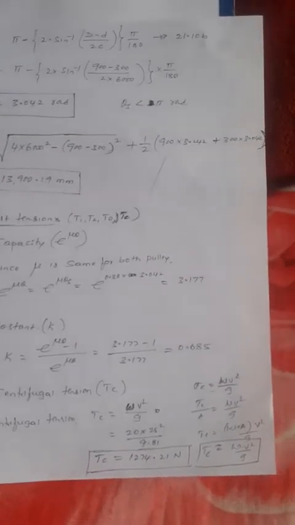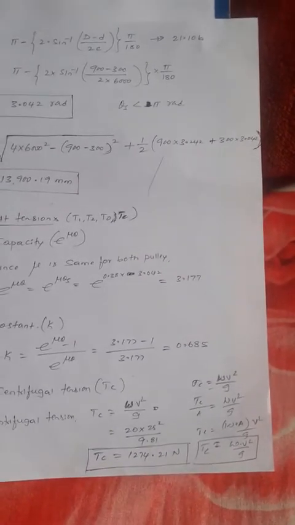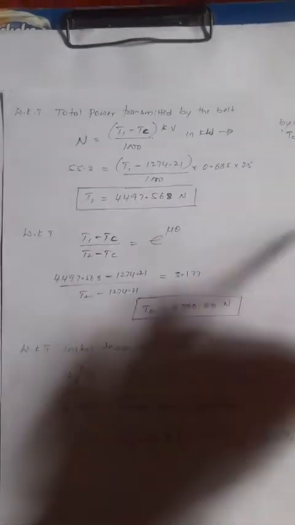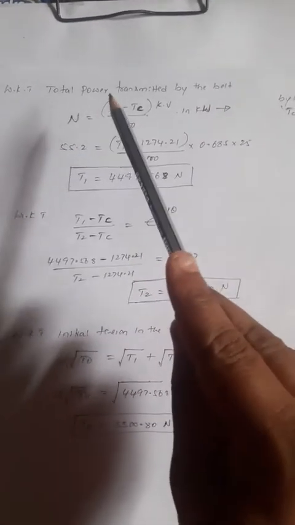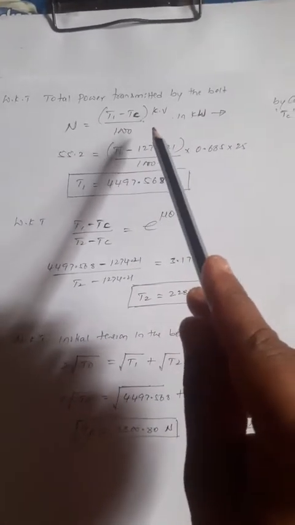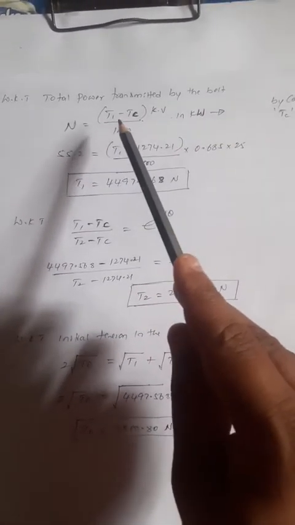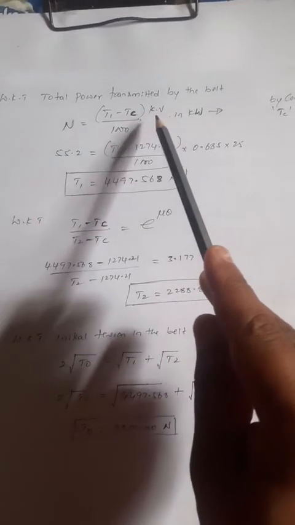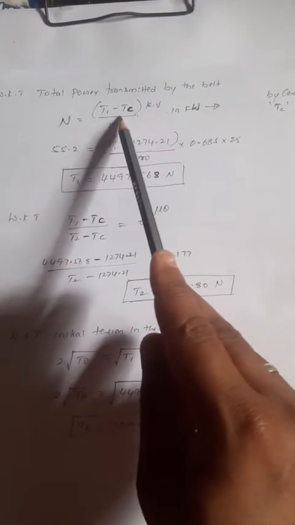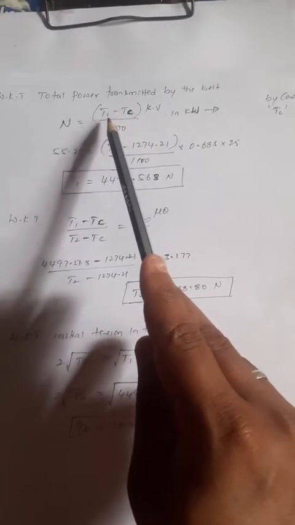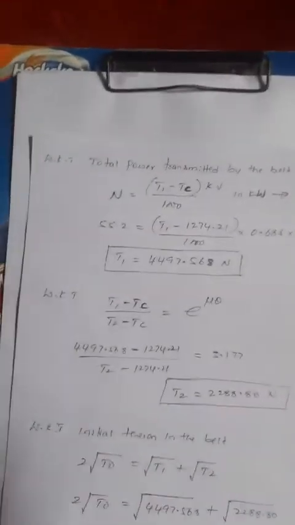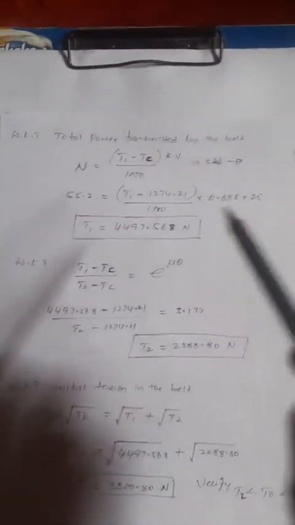Next, how to calculate T1, T2 and T0. As you know, the total power transmitted by the belt is given. From this formula, we are familiar with N is equal to (T1 minus Tc) into V divided by 1000. Instead of this, we are already familiar with sigma 1 minus sigma c, which gives the power transmitted per square meter of area of the belt.